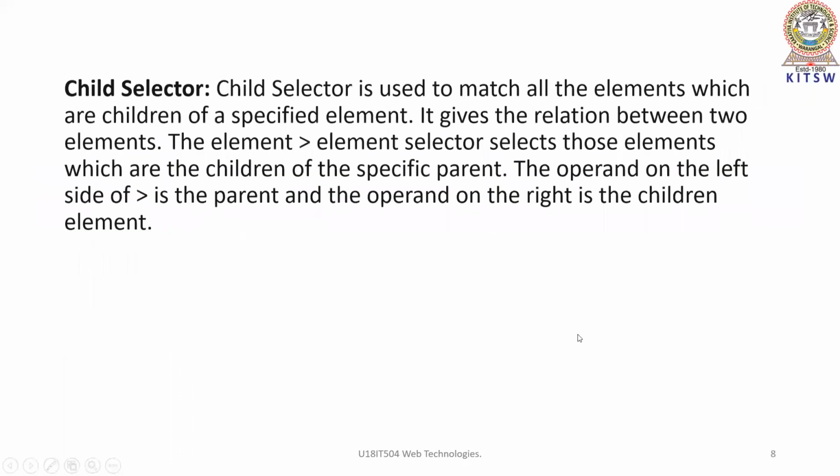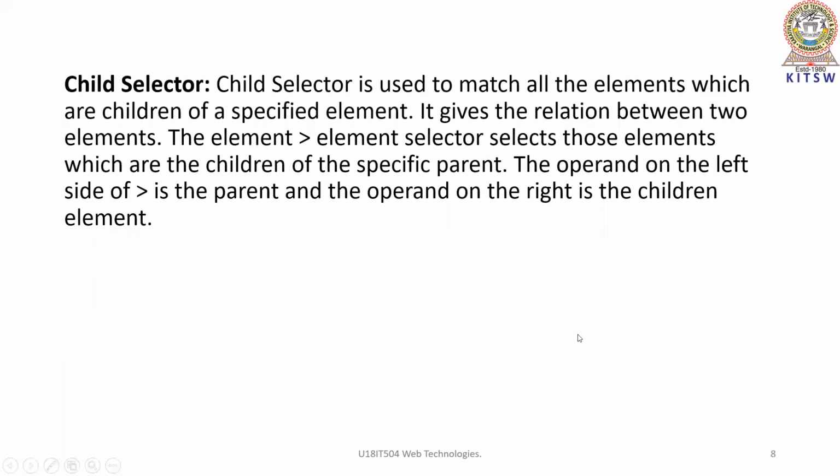Next, child selector. The child selector is used to match all the elements which are children of specified elements. A child selector matches when an element is a child of some element.